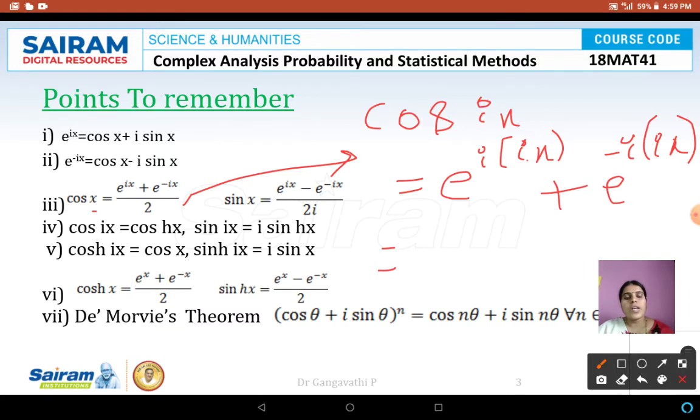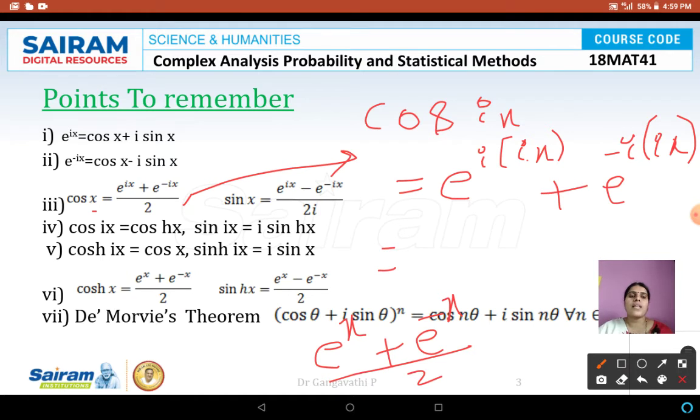You can also write it as e to the power of i theta is cos theta plus i sin theta, and e to the power of minus i theta is cos theta minus i sin theta. Whatever terms get cancelled, you can cancel them, and once you cancel it, you will get a hyperbolic function. Again, the exponential form of a hyperbolic function is e to the power of x plus e to the power of minus x divided by 2.